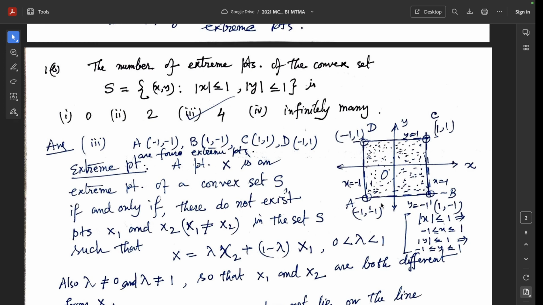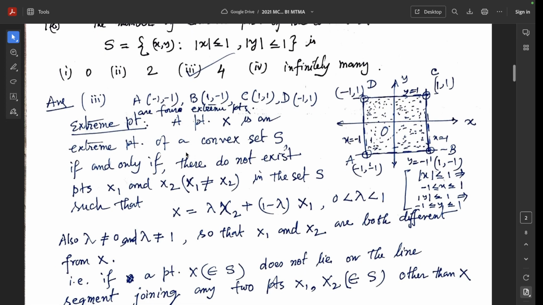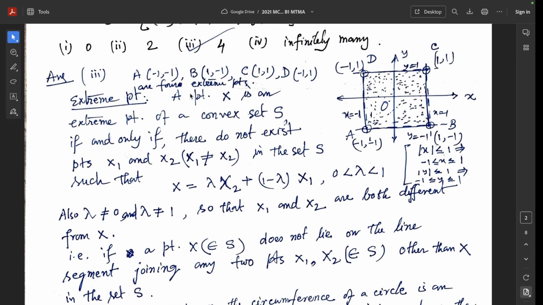So we get a square including interior points and boundary points. Here the 4 vertices A, B, C, D are (minus 1, 1), (1, minus 1), (1, 1), and (minus 1, minus 1).